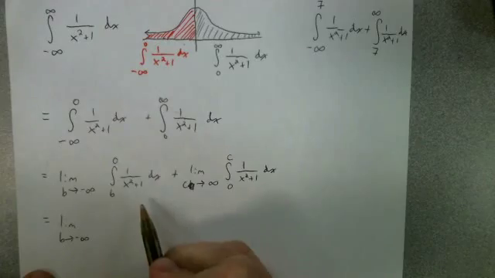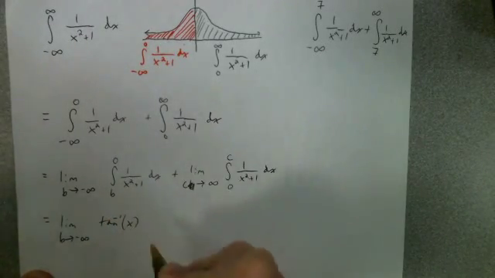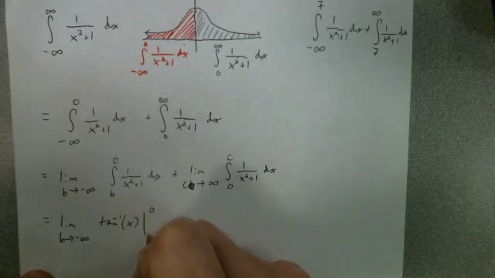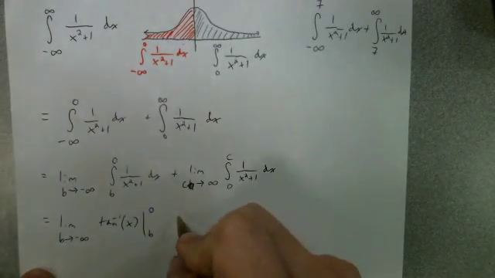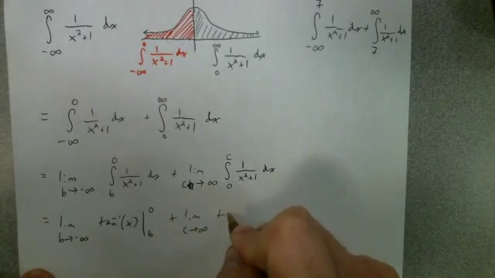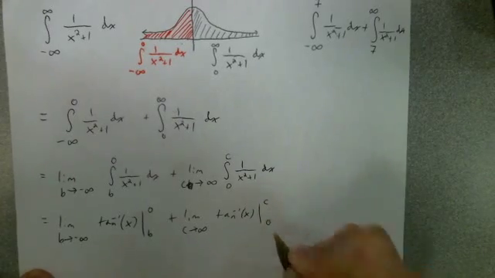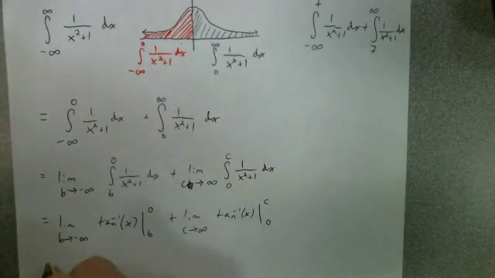Now an antiderivative of 1 over x squared plus 1 is tan inverse. So we're supposed to plug in 0, plug in b, and subtract. Same thing over here: plug in c, plug in 0, and subtract.